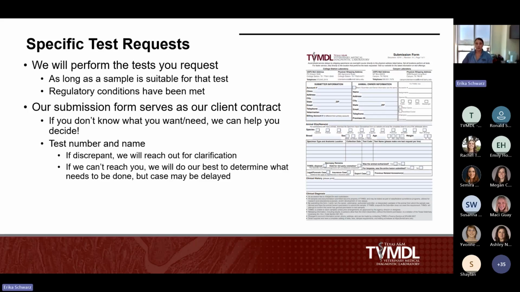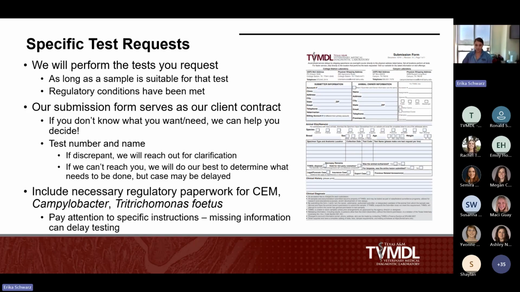So we have a user guide online. It tells you the test names, the test codes. If you include the test number and the name on the submission form, we know exactly what you want. If it's discrepant between those two, we'll reach out for clarification. But if we can't reach you, we will do our best to determine what needs to be done. You just might have a delay in that case.